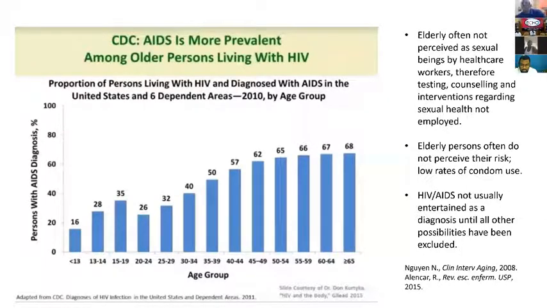And it's not until every other diagnosis is exhausted that the clinician thinks, oh, this could be HIV. So that is responsible in part for a lot of the late diagnoses we get among elderly persons. And that again has implications for immunosuppression and the consequences of immunosuppression. Because one of the things the immune system does is cancer surveillance, right? The identification and destruction of cancer cells.